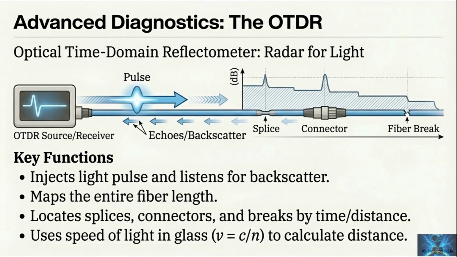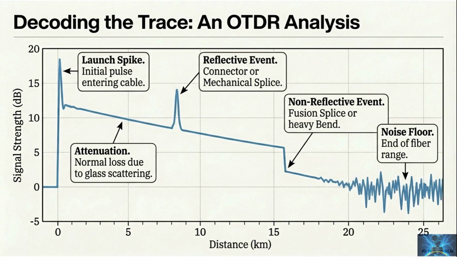Decoding the trace, OTDR analysis. Now we interpret what an OTDR trace is telling us. At the beginning, you see a launch spike, often from the initial connector or the start of the cable. Reflective events usually indicate a connector, a mechanical splice, or an air gap.